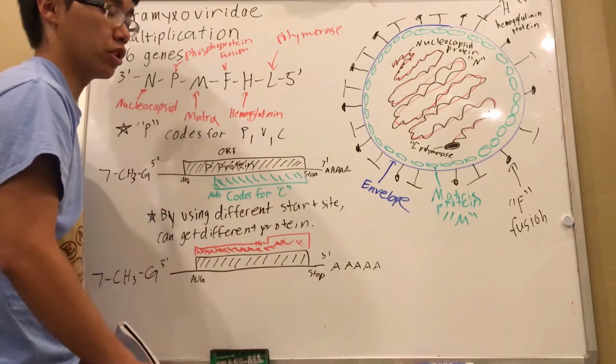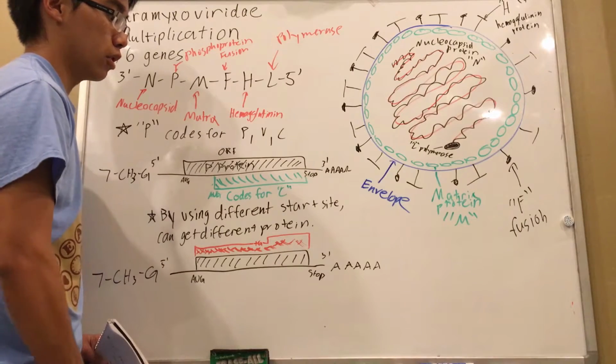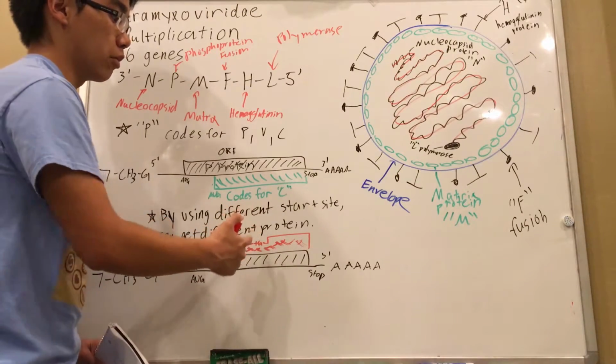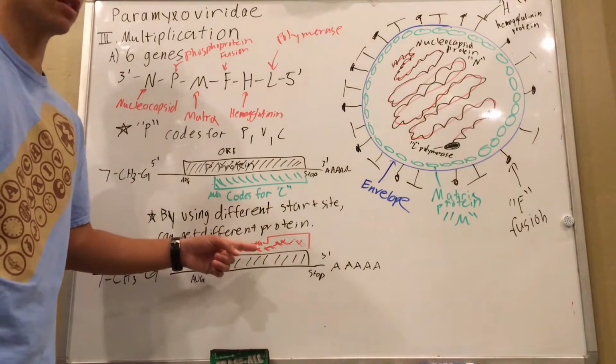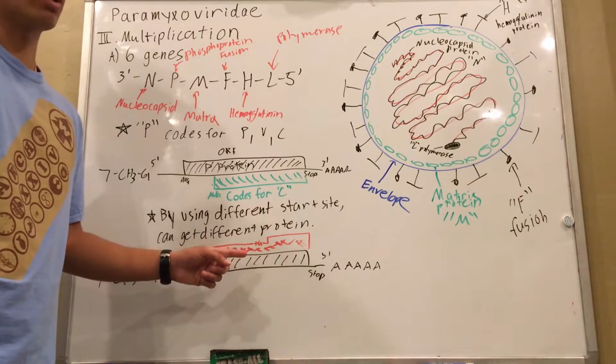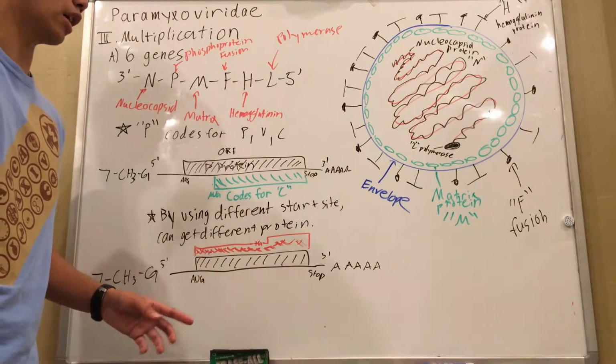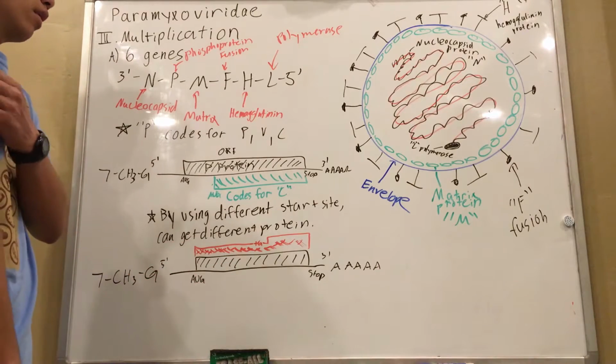It's sort of like having a frame shift mutation where it would terminate a protein early, but in the case of this V protein, you actually need the addition of that extra nucleotide to code for V.